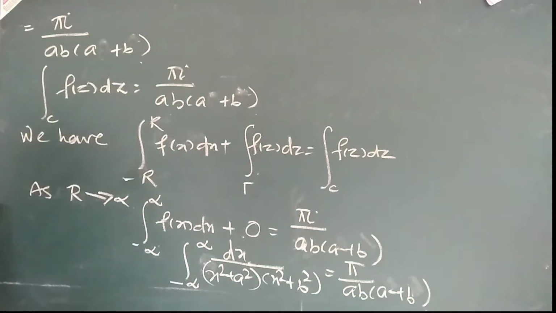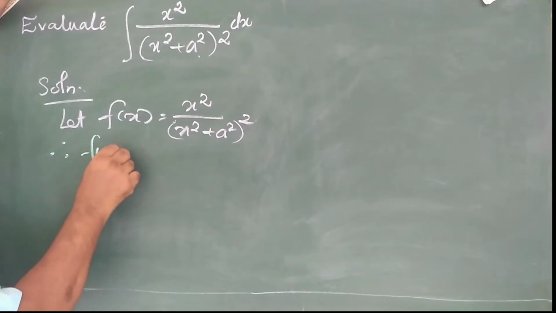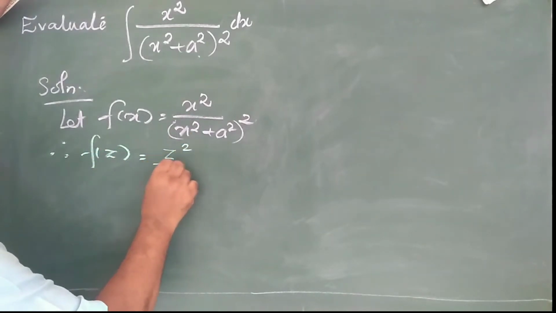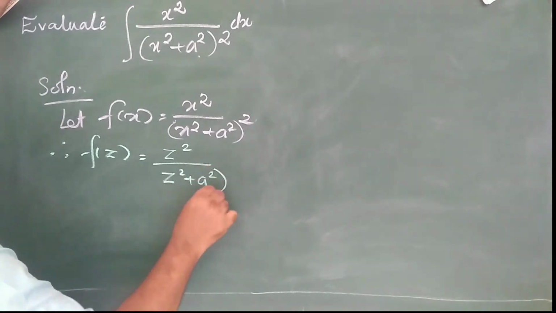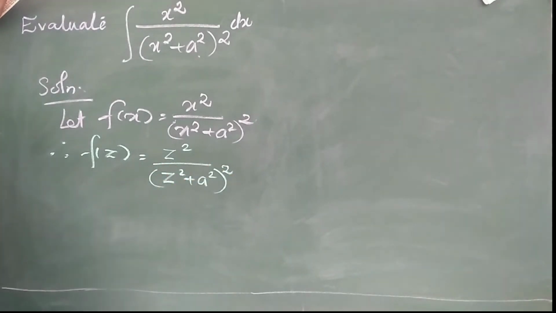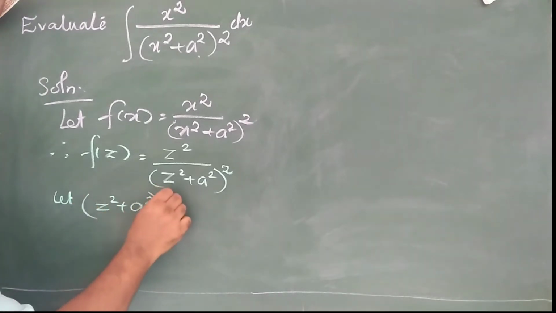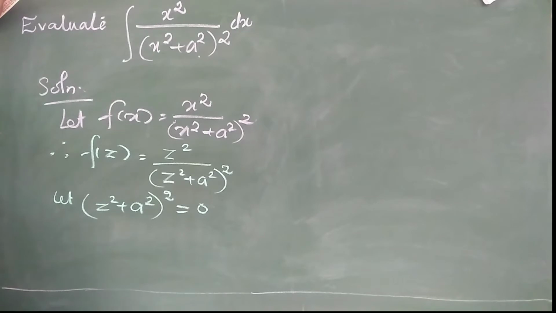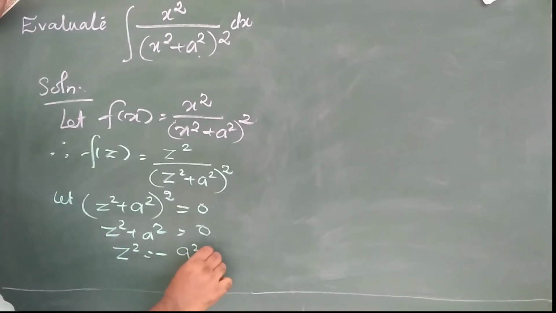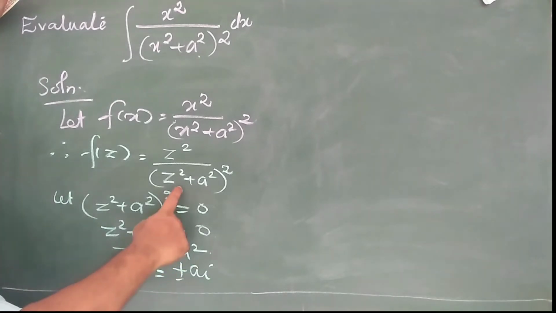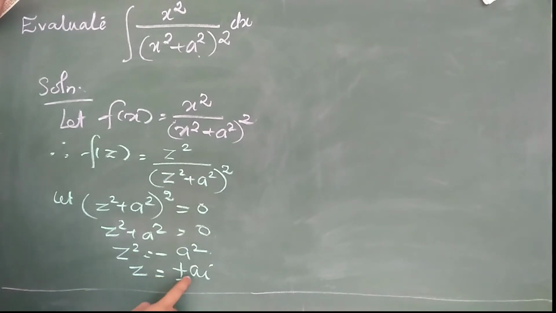So that is f of z is equal to z square by (z square plus a square) the whole square. Replace x by z. Let (z square plus a square) the whole square equal 0. That is z square plus a square is equal to 0, that is z square is equal to minus a square. Therefore z is equal to plus or minus ai. Since this term has power 2, these are poles of order 2.